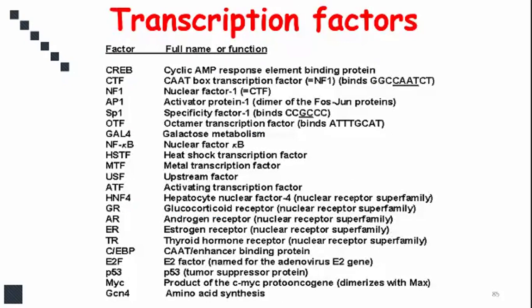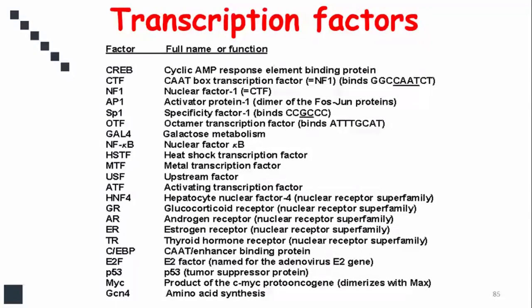Now, transcription factors are ubiquitous, and a few of them have been listed here for you to appreciate what is happening. CREB, CTF, NF, nuclear factor, then GAL4, galactose metabolism, then USF, upstream factor, GR, glucocorticoid receptor, ER, estrogen receptor, TR, thyroid hormone receptor, MYC, a product of the c-myc oncogene, and then GCN4, amino acid synthesis.